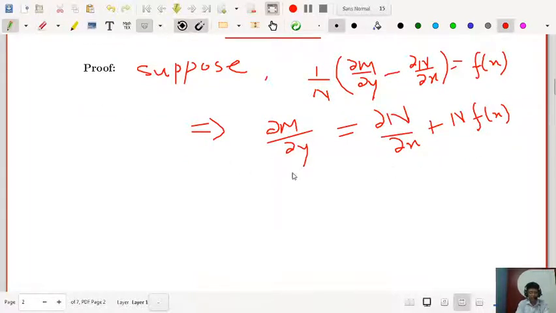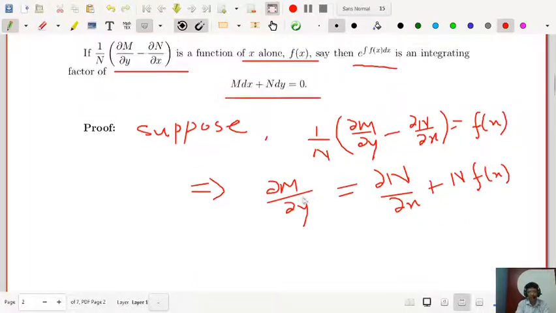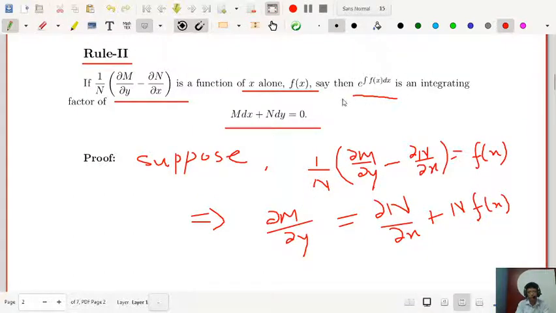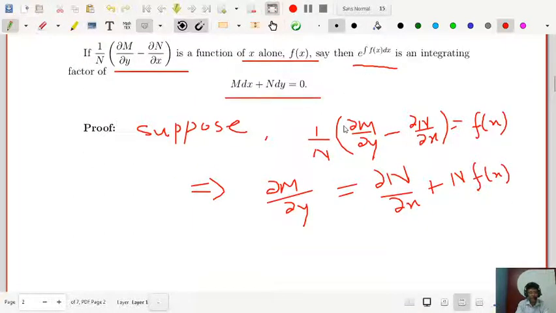Now multiplying by the integrating factor that I was talking about, e to the power integration f(x) dx.